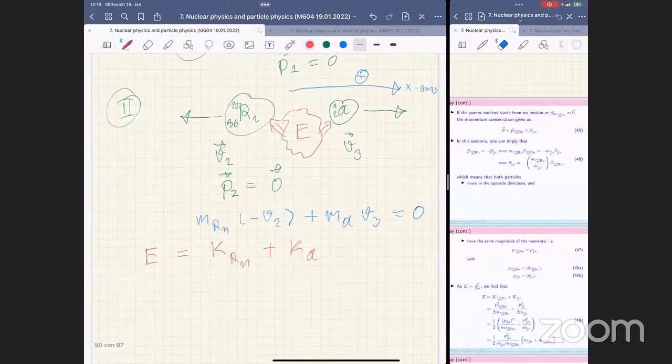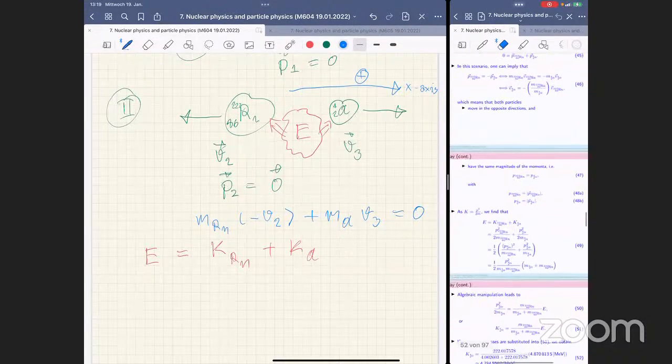Once you know the relation from the momentum here, you need to use it to express K alpha. In this scenario, we want to know K alpha.